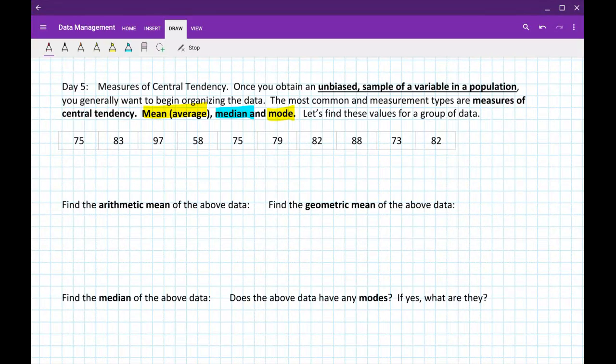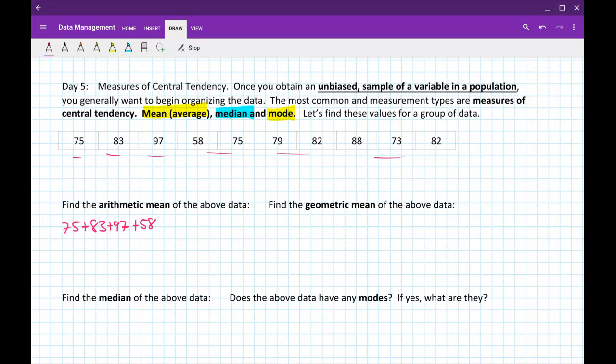First thing we're going to talk about is the arithmetic average, or mean. In order to find an arithmetic average, you're going to do 75 plus 83 plus 97 plus 58. Here's our data up here.